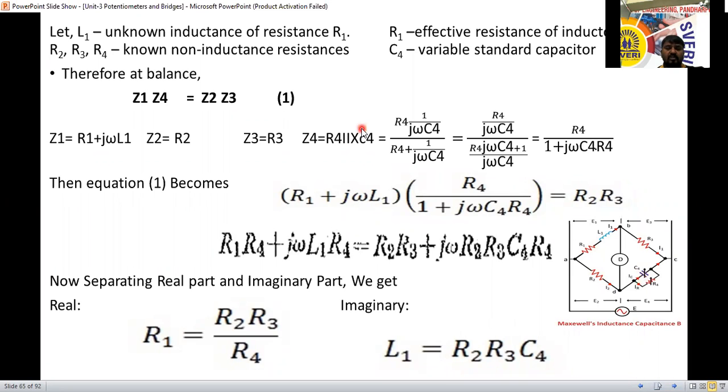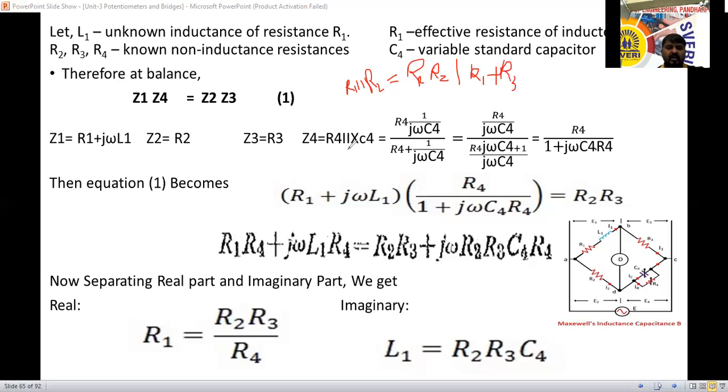If two resistances R1 and R2 are connected in parallel, it is nothing but R1 R2 divided by R1 plus R2. So similar way we have to write down here now.